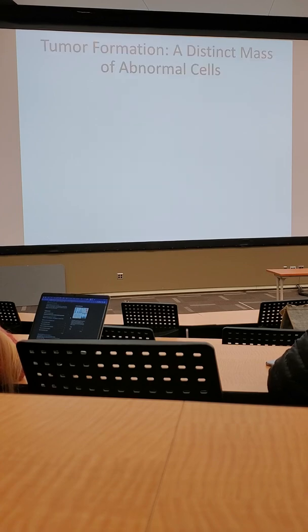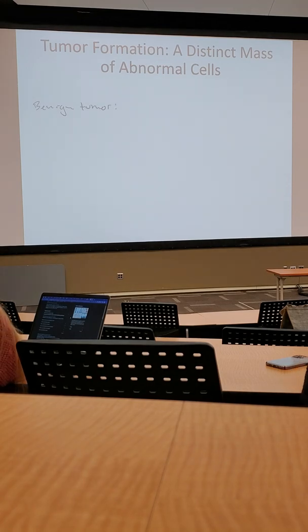So here are some different definitions that your book uses to talk about the different stages of cancer, or the different types of tumors that can be classified. So we have a benign tumor. That's where the tumor is localized.